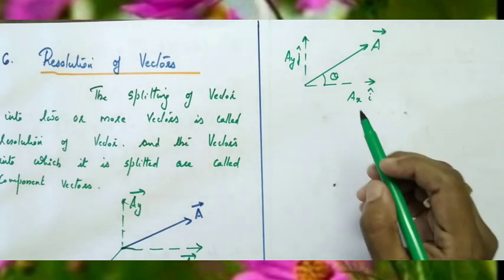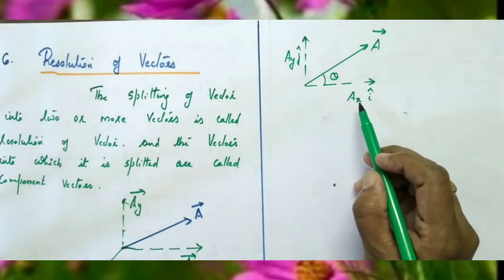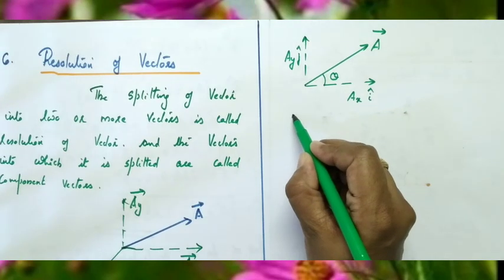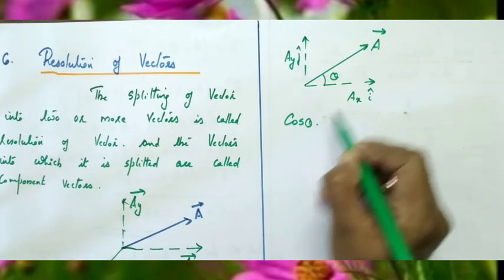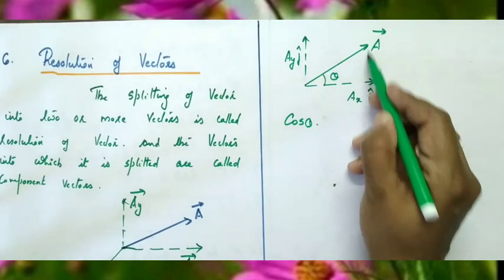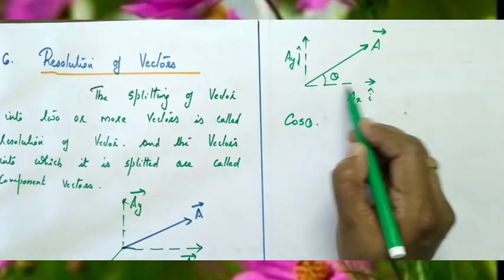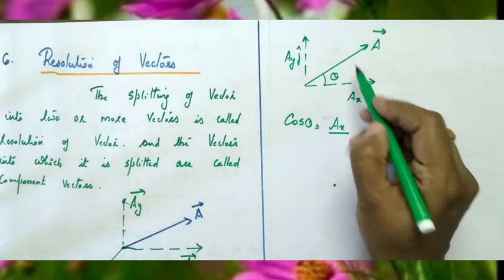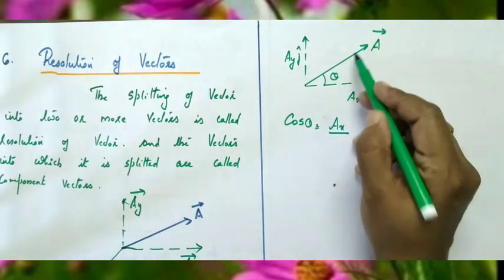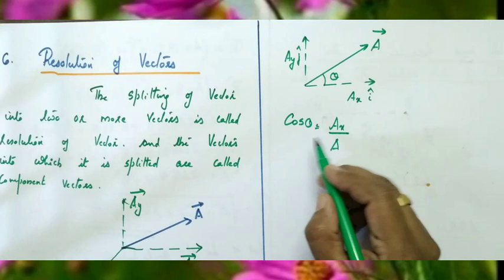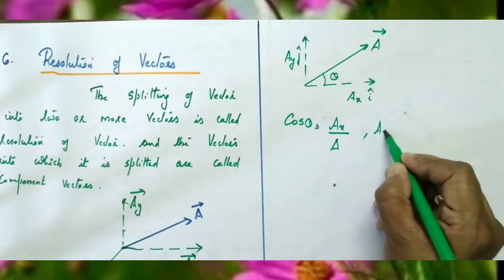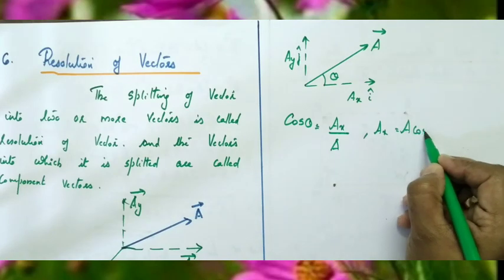Now, what is this Ax? How will you find Ax? If you consider this right angle triangle, cos theta is equal to adjacent side, which is Ax, divided by hypotenuse. What is the hypotenuse? A, its magnitude is A. So cos theta is equal to Ax divided by A, and Ax is equal to A cos theta.